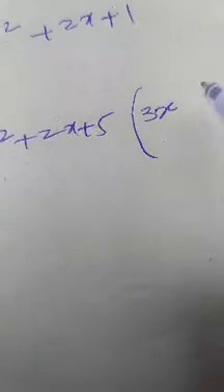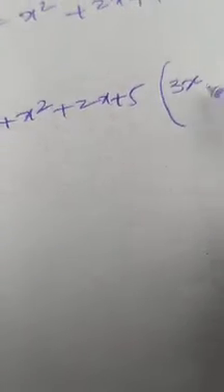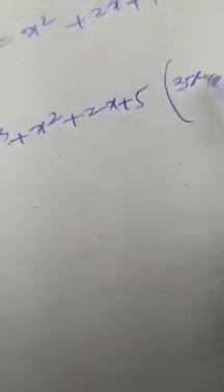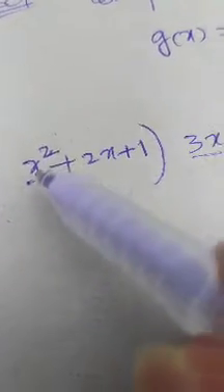After getting the first term in the quotient, multiply this term by the divisor polynomial. The whole divisor polynomial you have to multiply. So how many terms will you get? First term, second term, 3 terms you will get. So first I am multiplying 3x by x square: 3x cube.